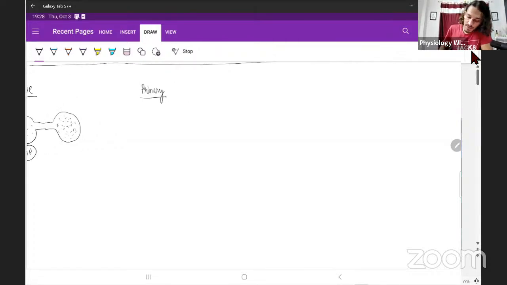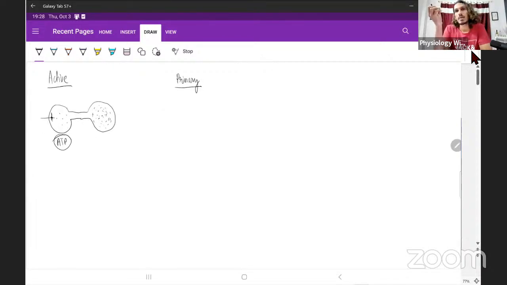Okay, so in primary active, what is going to happen is the energy is utilized by that same system. Whatever is transporting it, that itself utilizes the energy. That is primary active transport. In secondary, what is happening? This transporter is there, that does not utilize the energy. Something else utilizes the energy, and that indirectly results in whatever is happening.